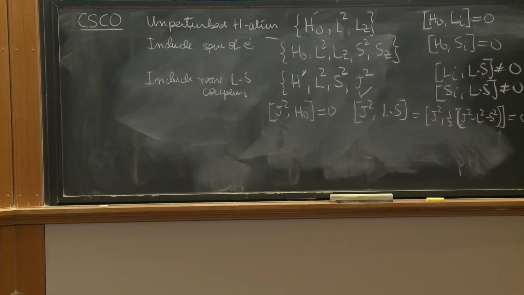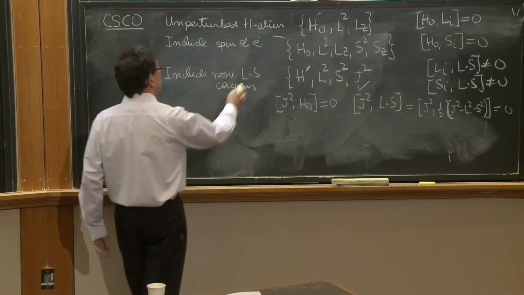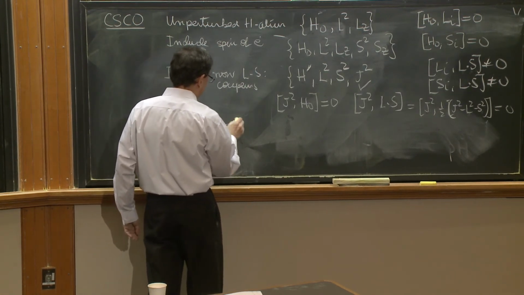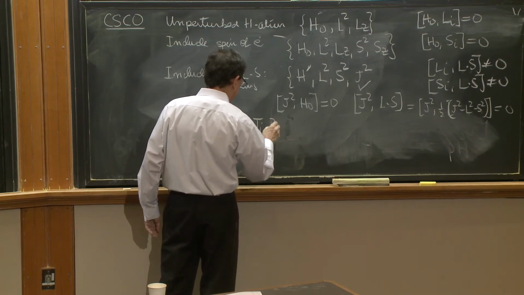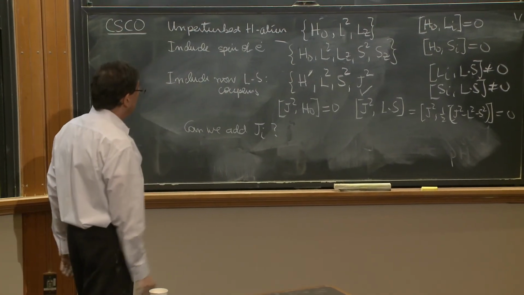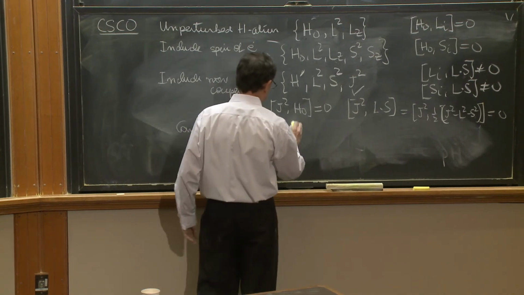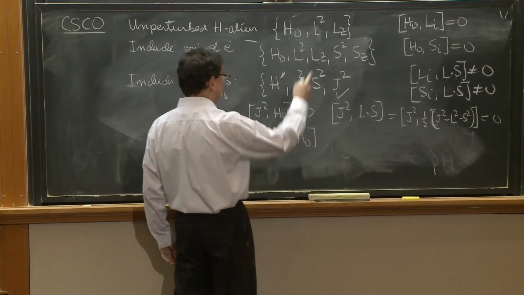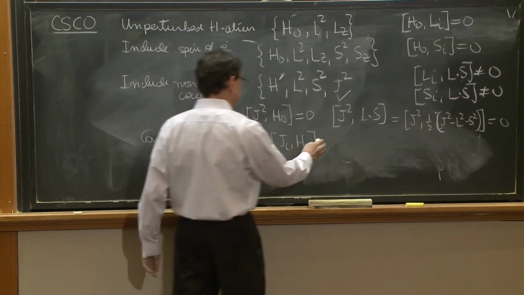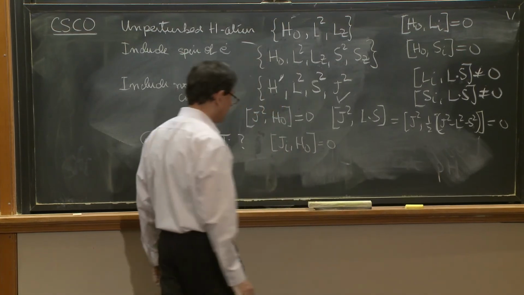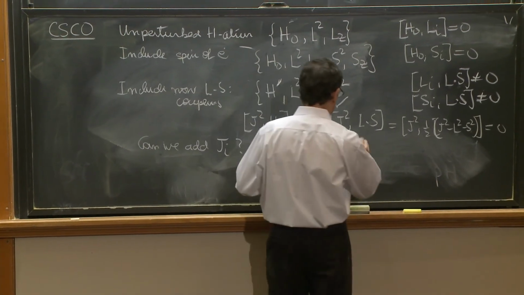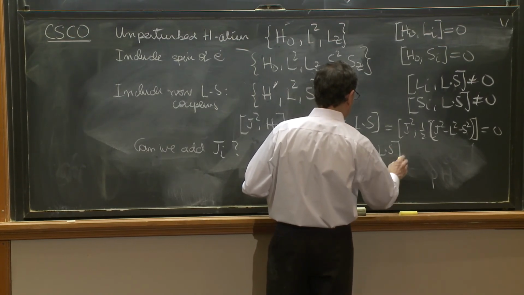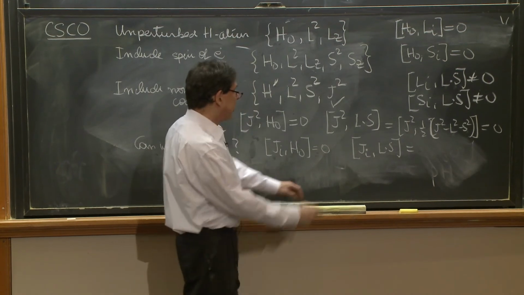Now, can we add to the list Ji? Well, Ji will commute with H0, again because it's Li plus Si, and Li and Si commute with H0. Ji with L dot S, well, do it the same way as here.